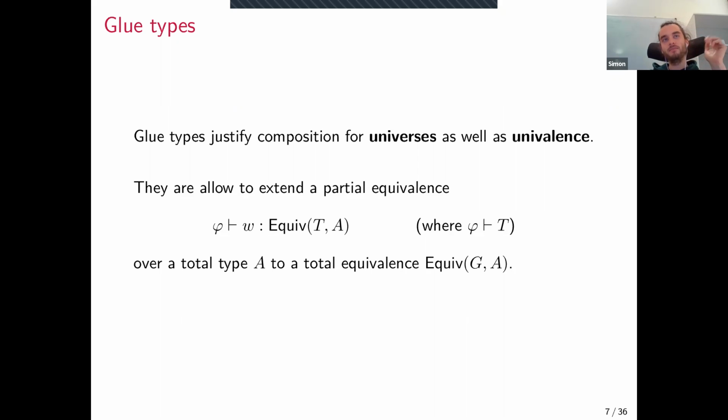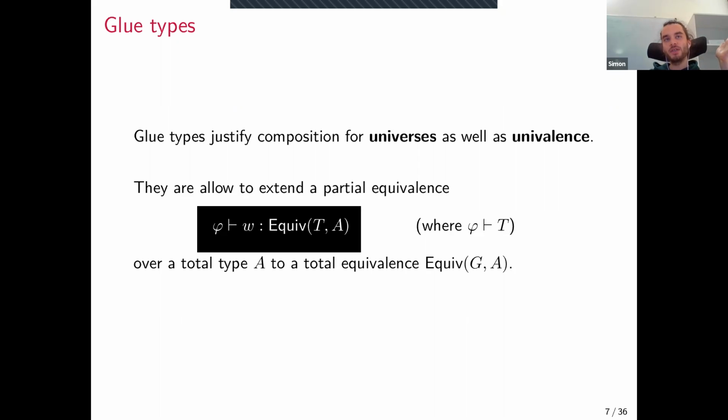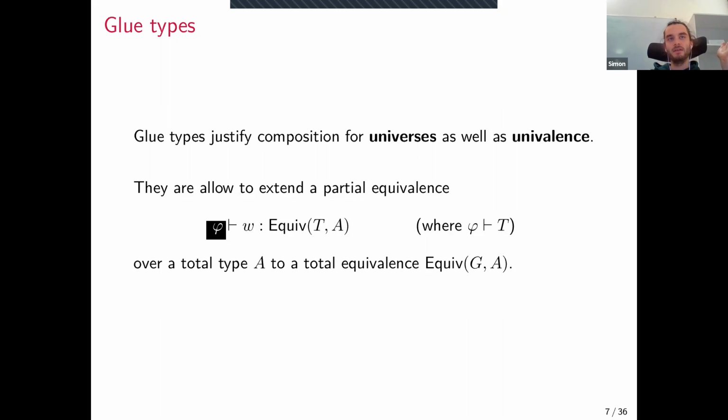And what the glue type basically does is, if I have a partial equivalence, which is something in a restricted context, so only on a partial cube, where this A is a total type and this T is a partial type, and I have an equivalence, then I can extend this to a total equivalence.